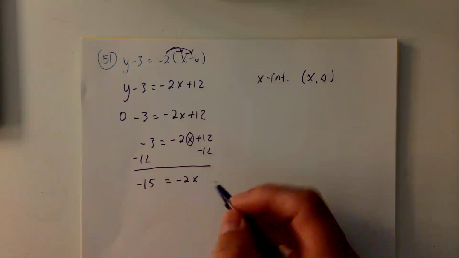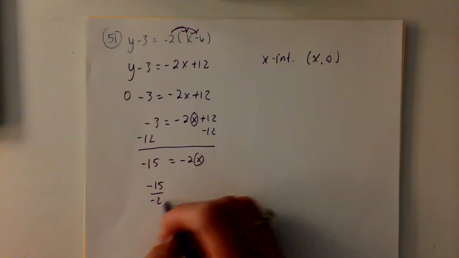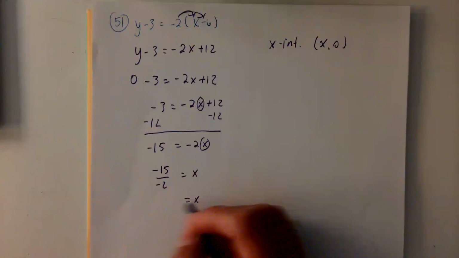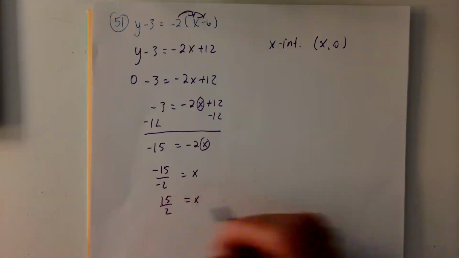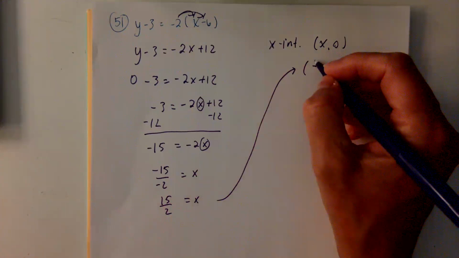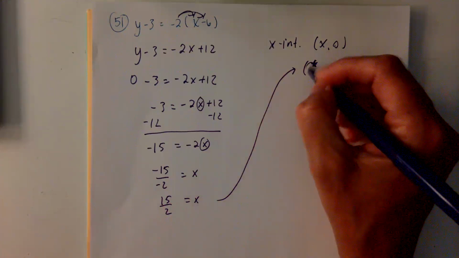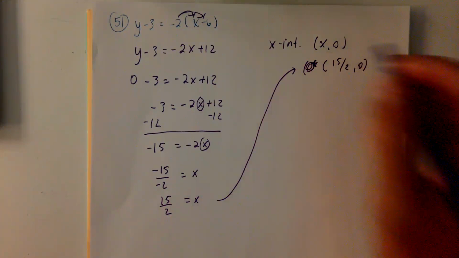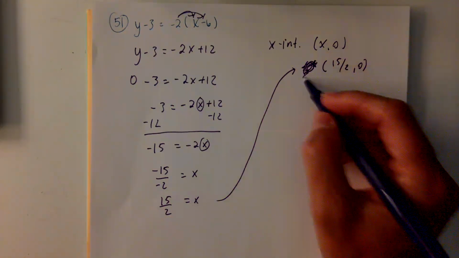And then I'm going to solve for x, I'm going to divide by -2. So I end up with x equals +15/2. So my x-intercept is +15/2, 0.